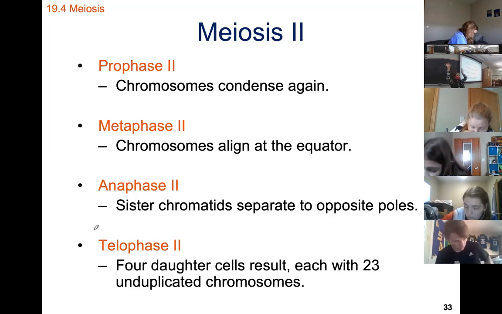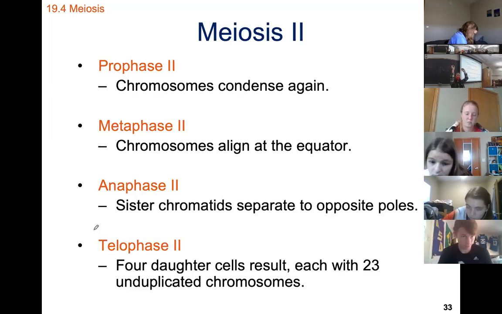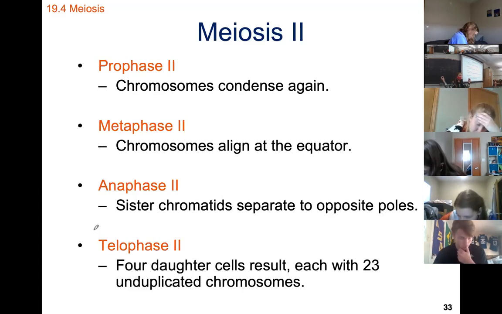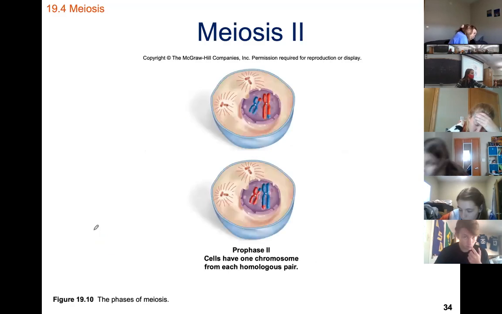Remember, this is happening in 2 cells, because in the first phase of meiosis, we made 2 daughter cells. Now these 2 daughter cells are dividing again. So now we have 4 daughter cells that each have 23 unduplicated chromosomes. So they're just 23, 23, 23, 23. And when they come together with the opposite, either a sperm or an egg, they make 46 together.